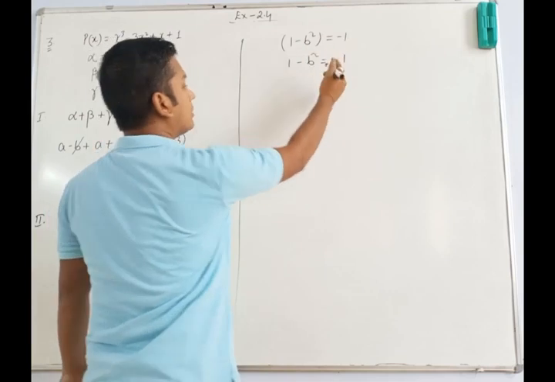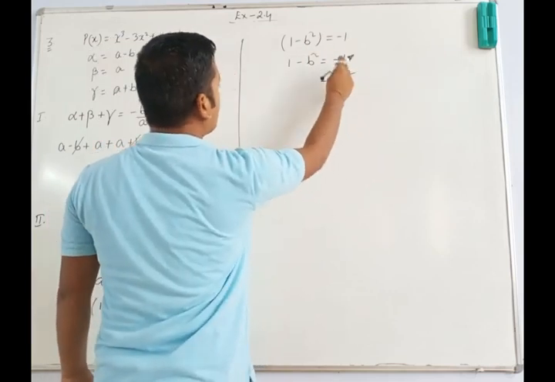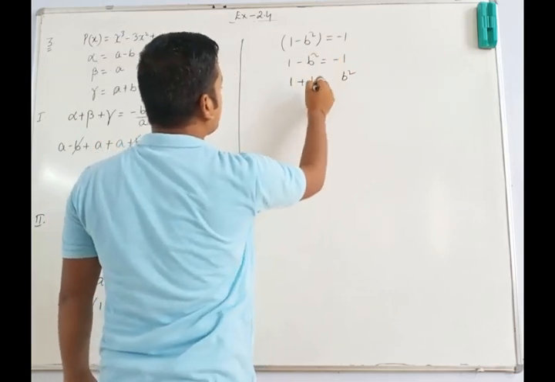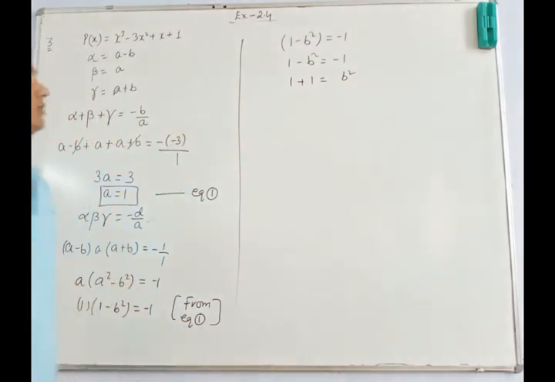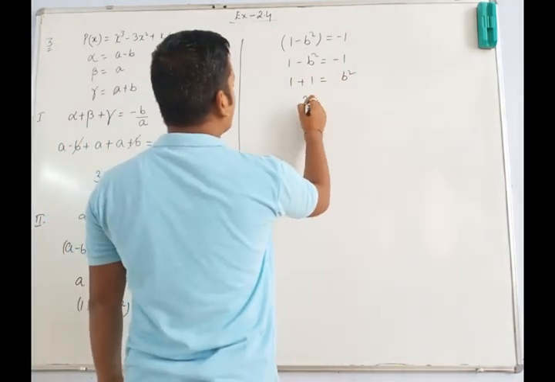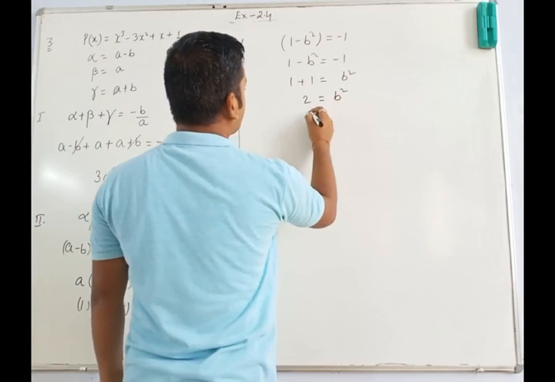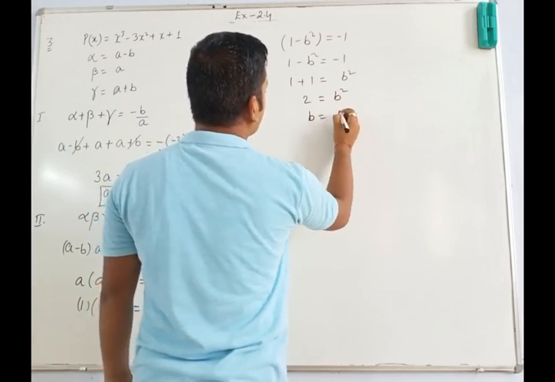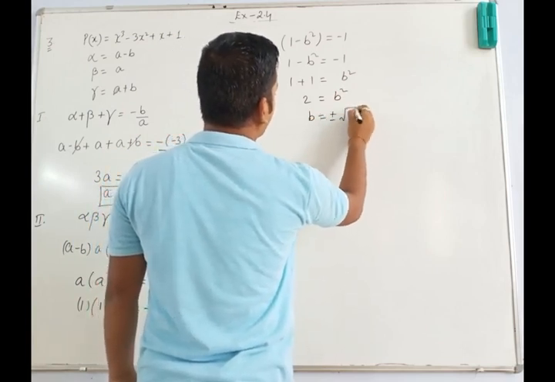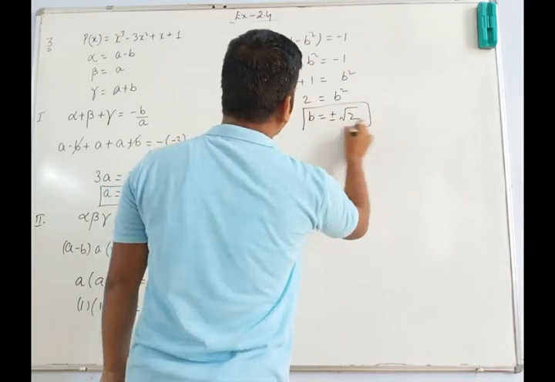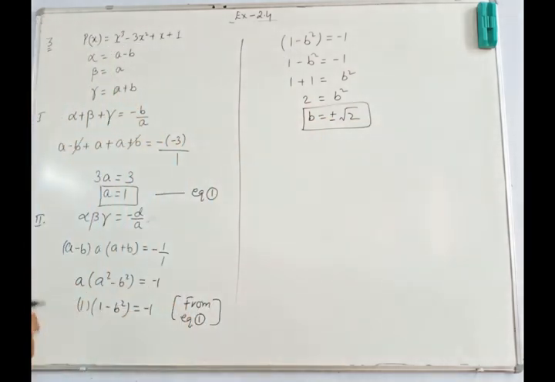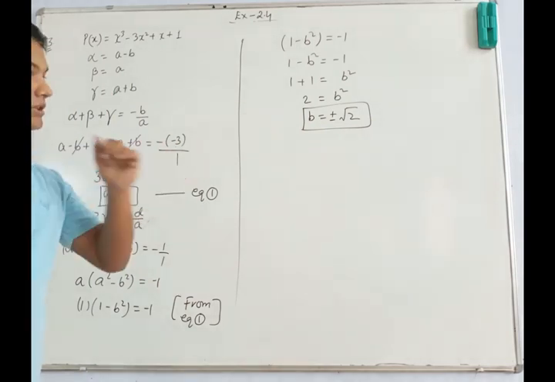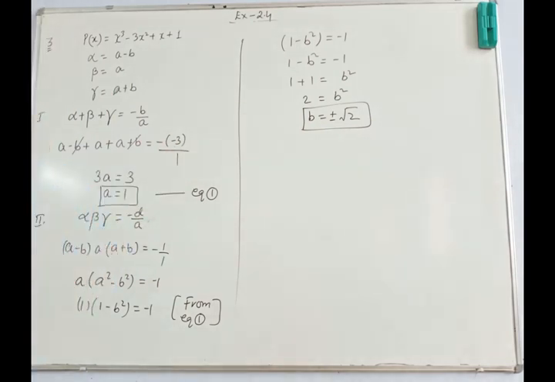This b square will go to the right hand side and it will become positive. This minus 1 will come to this side and it will become positive. Now 1 plus 1 will give you 2. So b square is 2. So b is what? Plus minus square root 2. So these two are the values of b. Okay, so a is 1 and b is plus minus square root 2. So this is the end of the third question.